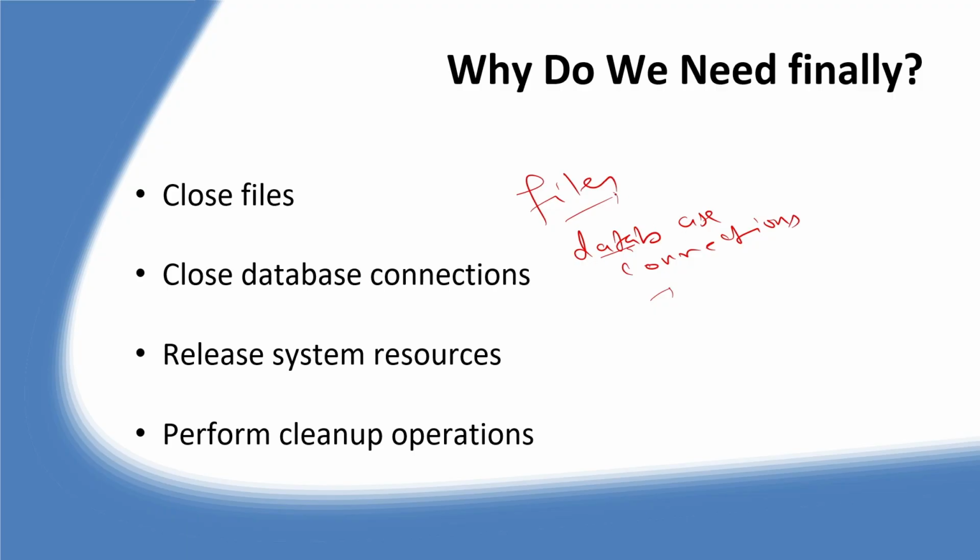Once we have utilized these resources, we need to close them. The finally block ensures that cleanup code executes regardless of whether we get an exception or not. It will close files, close database connections, or release system resources if we are utilizing them, and it will perform cleanup operations.